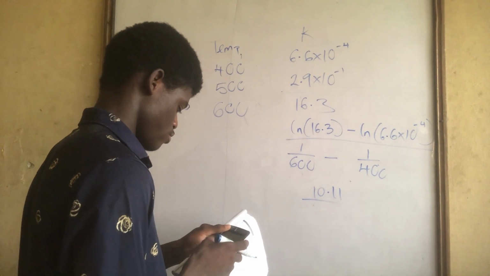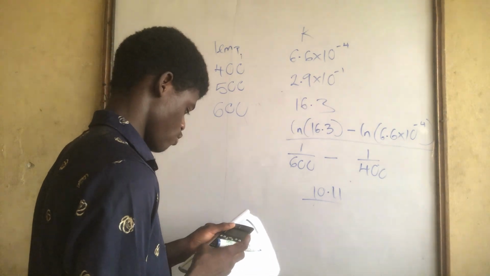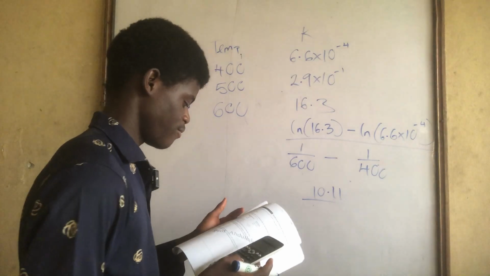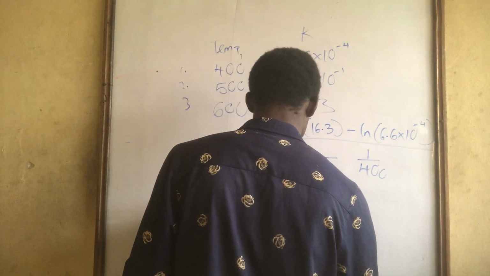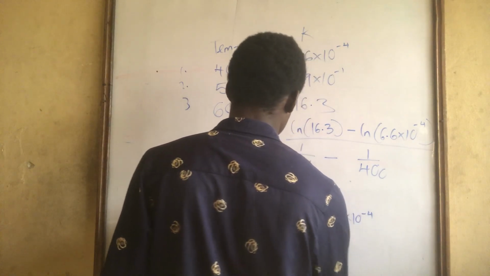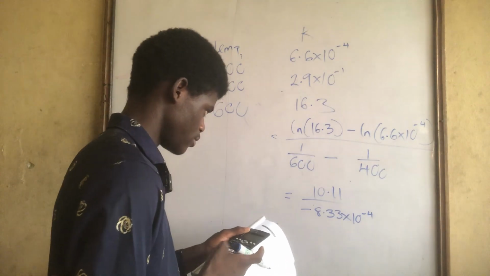So 1 over 600 minus 1 over 400 will give minus 8.33 times 10 raised to power minus 4. So if you calculate that, it's 10.11 divided by that.